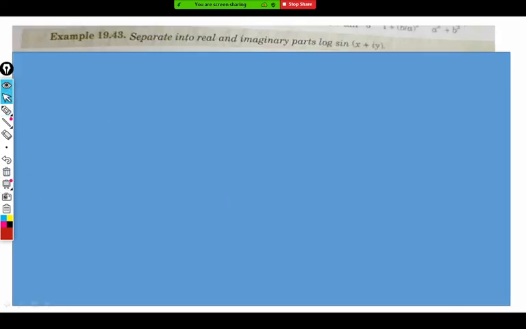Okay. So here is a simple question now. One of the simplest questions that you have. We want log of sine of x plus iy. We have to separate it into real and imaginary parts. So let us start with z as log of sine of x plus iy.